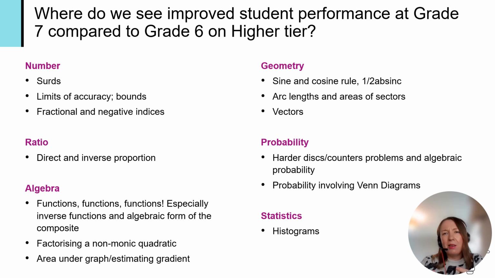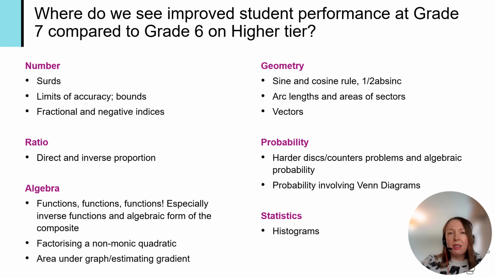It's maybe using the sine rule to calculate the third angle within a triangle. And the arcs and sectors questions, when we looked at those, they often included some triangle work also. So the arc and sector work was part of a more complex geometrical diagram. They were having to bring knowledge and skills from different areas into play in the same problem.